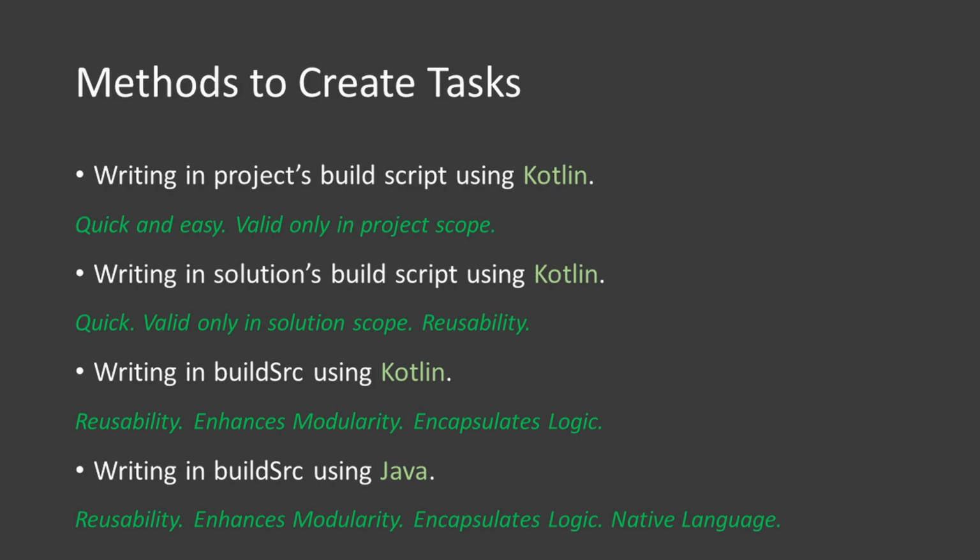This gives you the ability to register the task in the project of the solution. The more robust and complete way is to write it in the build project using Kotlin and also Java. From there, it can be registered in the solution's projects and potentially be usable in other solutions as well.